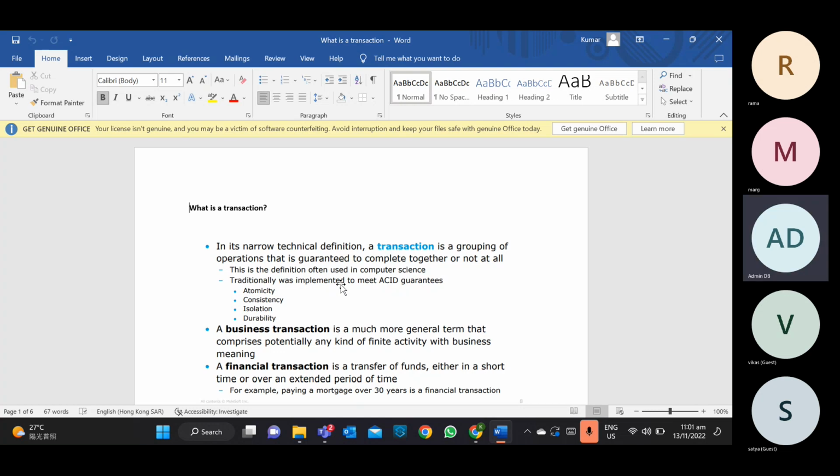In the same way, in MuleSoft we have that capability. If multiple write operations are involved and any one write operation fails, then all the previous write operations will be rolled back.